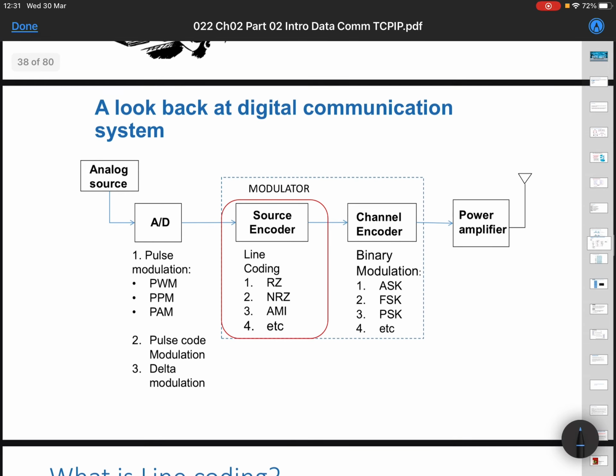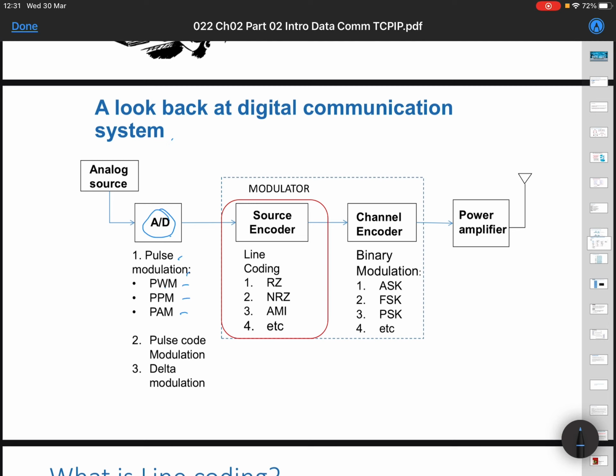Okay, a look back at digital communication systems. So we have an analog source, the signal, the information, goes to A to D, analog to digital conversion. Under A to D you have pulse modulation, which covers PWM, PPM, PAM. You still remember PWM?